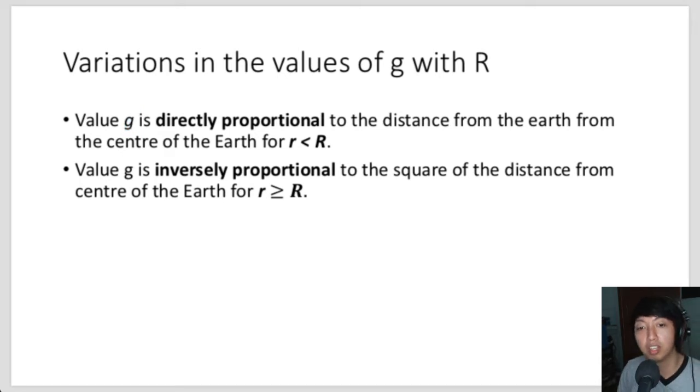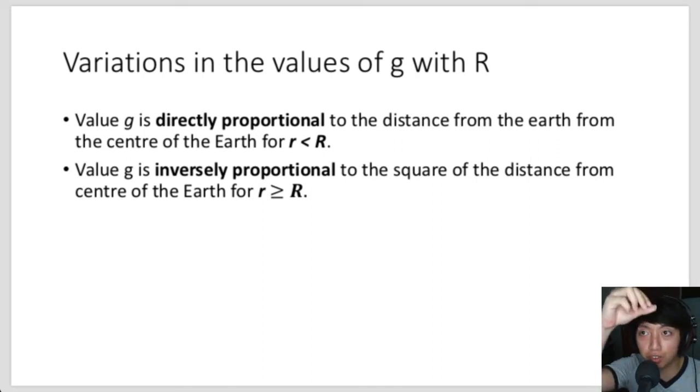In other words, if you were standing on the surface of the Earth and there was a hole that goes all the way to the middle of the Earth and you fell down, right? The further you fall, the closer you get to the center of Earth, the slower you start to accelerate. You're still accelerating, but the amount of acceleration actually starts to get slower and slower.